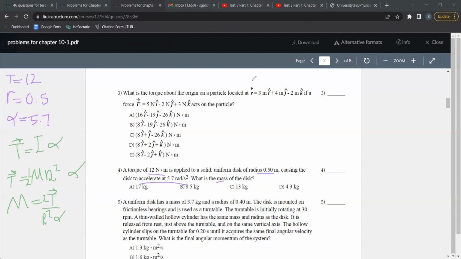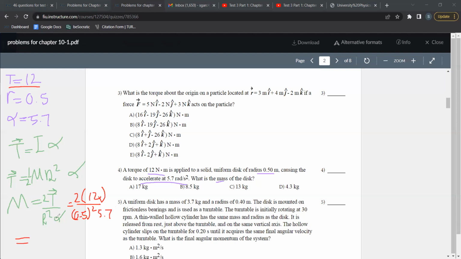Now we can substitute in. So it's 2 times 12, because we know that over here, divided by R squared, which is 0.5, and 0.5 squared is 0.25, times 5.7, because that is our alpha.